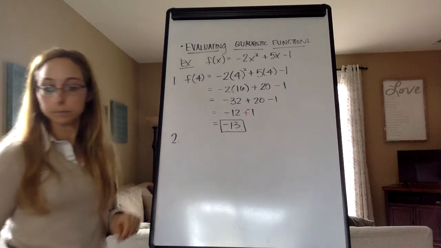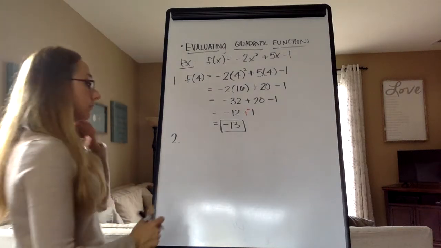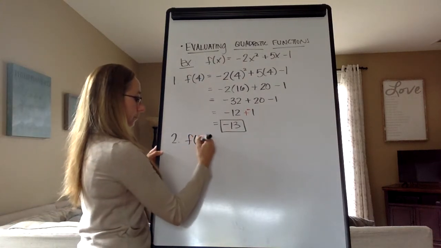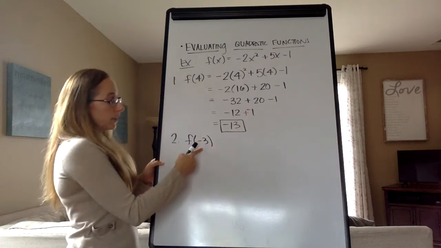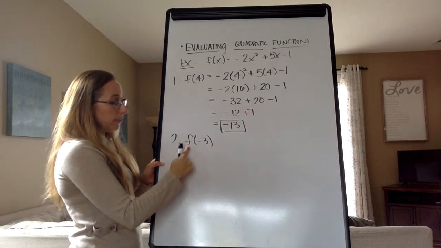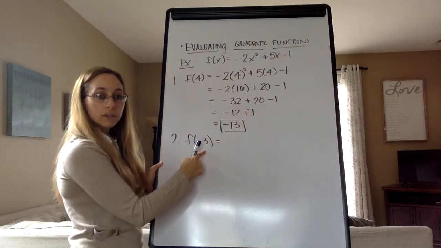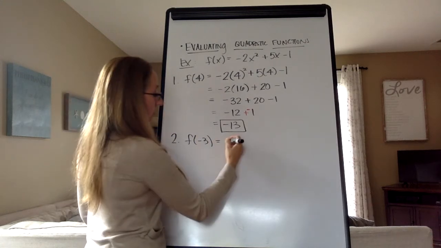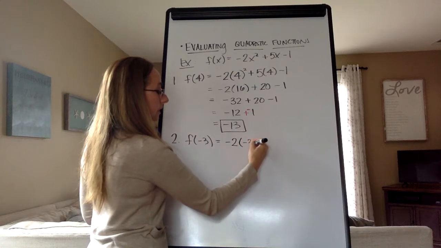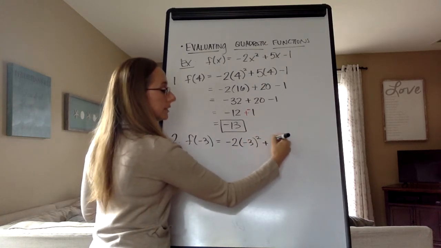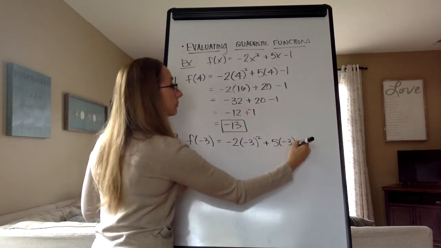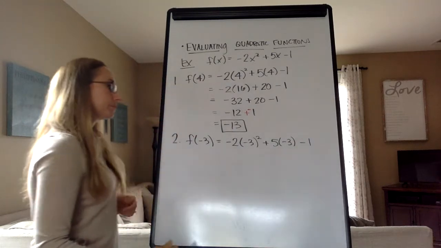Let's look at another example. We have f of negative 3. So again, we're going to go ahead and evaluate the function f at the value of negative 3. So we're going to plug in negative 3 in for x. So we have negative 2 times negative 3 squared plus 5 times negative 3 minus 1.